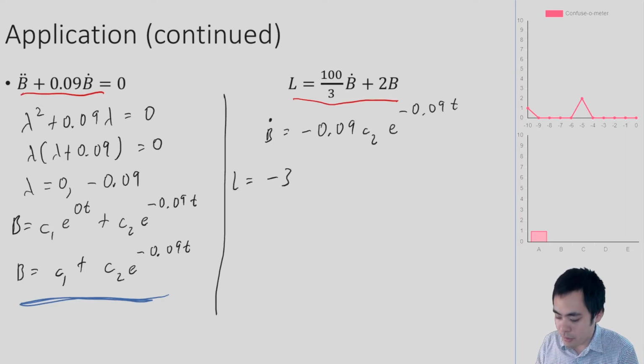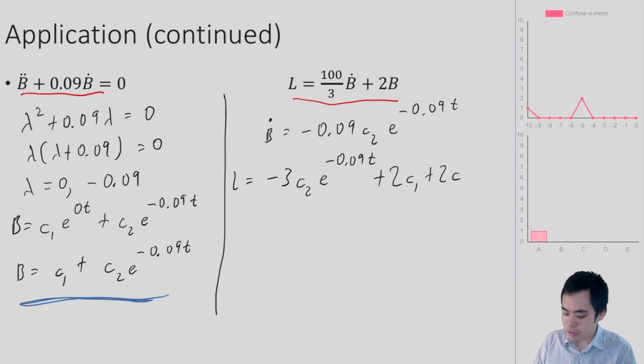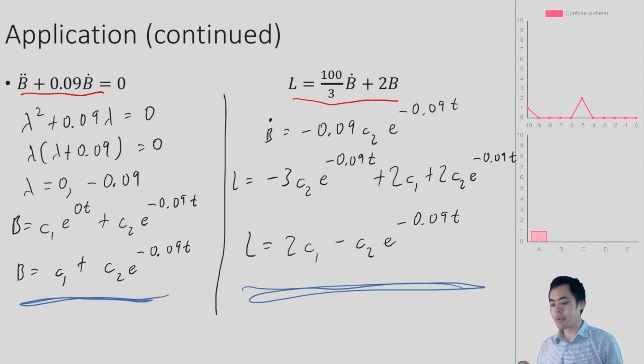So we get minus 3 c2 e to the minus 0.09 t, plus 2 times b, so that's 2 c1 plus 2 c2 e to the minus 0.09 t. Then L is equal to 2 times c1 minus c2 times e to the minus 0.09 t, and this solves the equation. So that gives us the general solution to b and L.